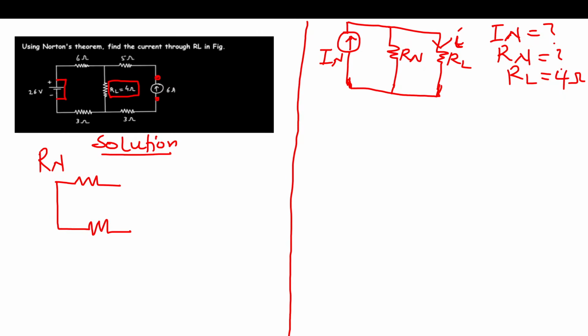So you are going to deactivate all sources, and then inside where your load resistor was, you are going to put your Rn there.